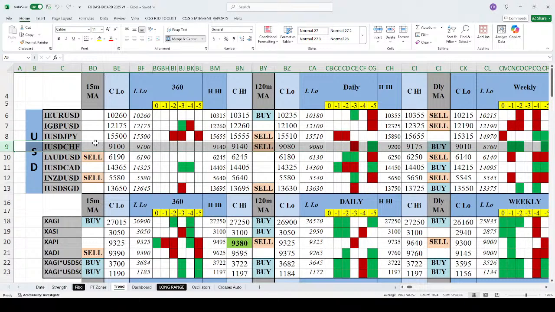On the 15-minute there is no strength or weakness, and the daily is a buy signal. Which means if you sell, then we have to exit before the buying low, the low of the day or extension of the day. So this is what it means.